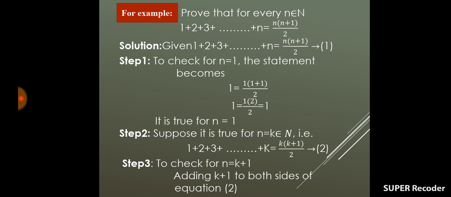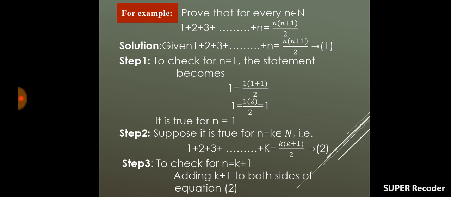To check for n is equal to 1, the statement becomes: in the left hand side of equation number 1, the first term is 1, so 1 equal to, in the right hand side of equation number 1, we replace n by 1. So 1 times 1 plus 1 divided by 2, which becomes left hand side is equal to right hand side. So clearly it is true for n is equal to 1.